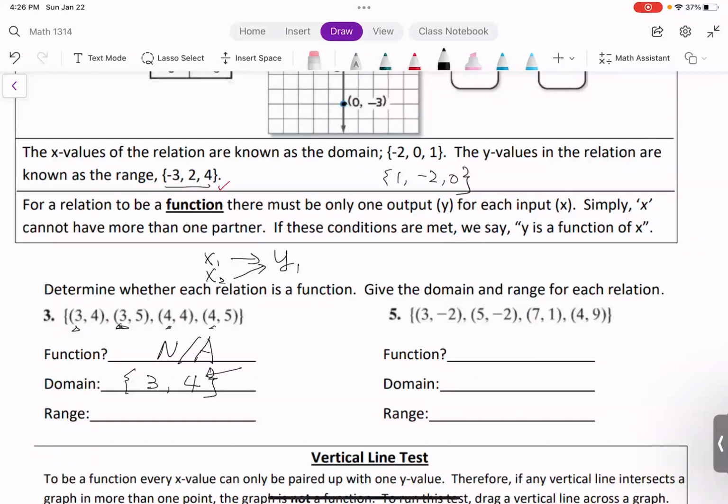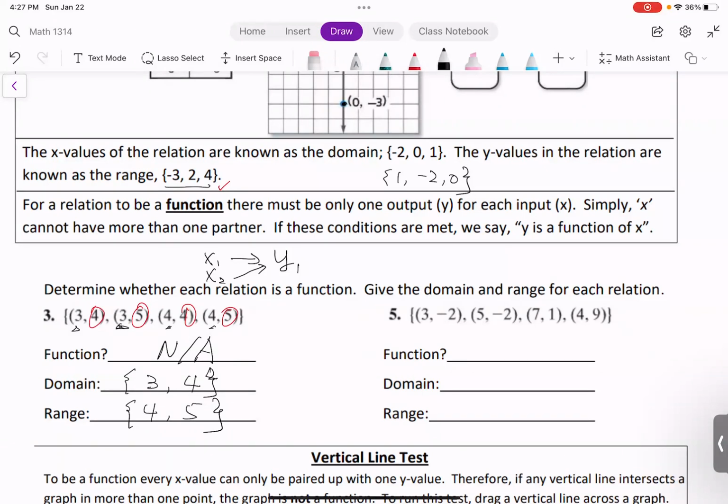You don't need to list 3, 3, 4, 4. Okay, let's see the range. What is the meaning of range? Range means all the Y values. So let's see all the Y values. We have 4, 5, 4, 5. That means we don't need to list the repetitions. We only need to list 4, 5.